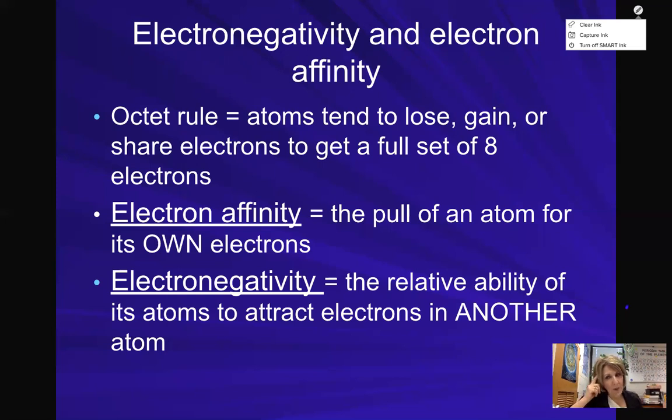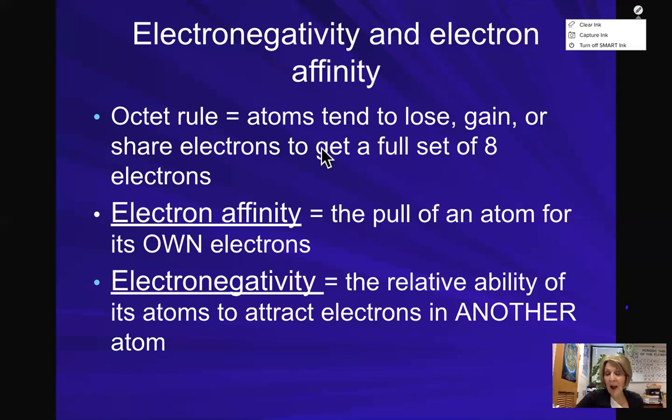Okay, so remember the octet rule. Every atom wants to have 8. They're going to beg, borrow, steal, whatever they have to do to get 8. And if I have a very strong pull on somebody else's electrons, that's really going to help me have 8. But as it turns out, the atoms that have a low electronegativity, sometimes they're like, go ahead and take my electrons, because that way I can lose electrons and then I can get to 8 valence electrons by losing.